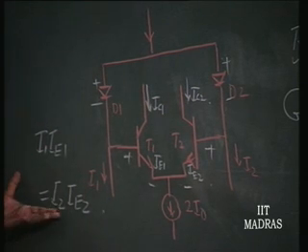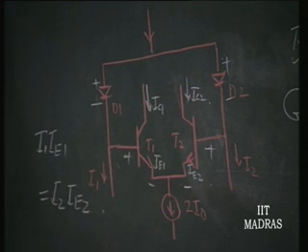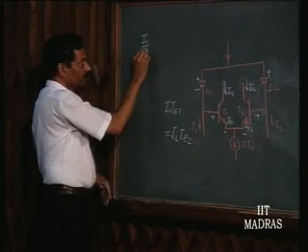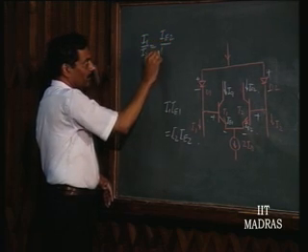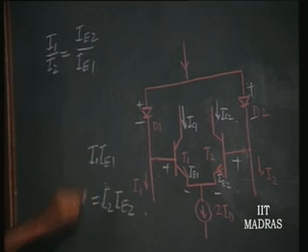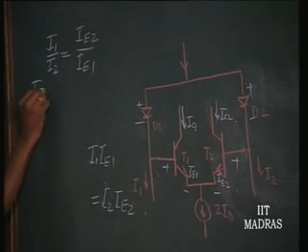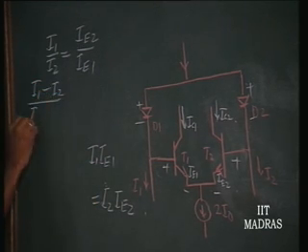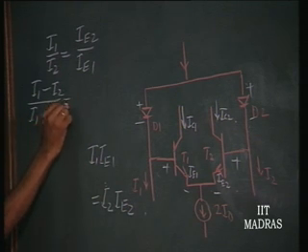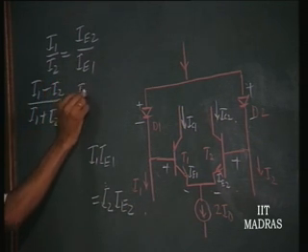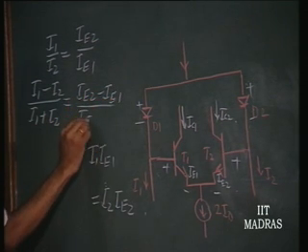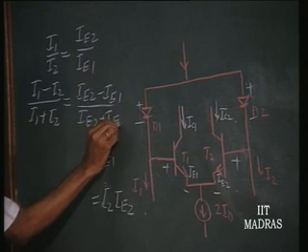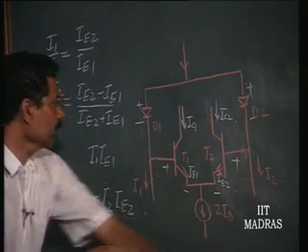This is from the translinear principle. So, already we know that I 1 by I 2 equals I E 2 by I E 1, or I 1 minus I 2 by I 1 plus I 2 equals I E 2 minus I E 1 divided by I E 2 plus I E 1, which is nothing but at all times equal to 2 I naught.